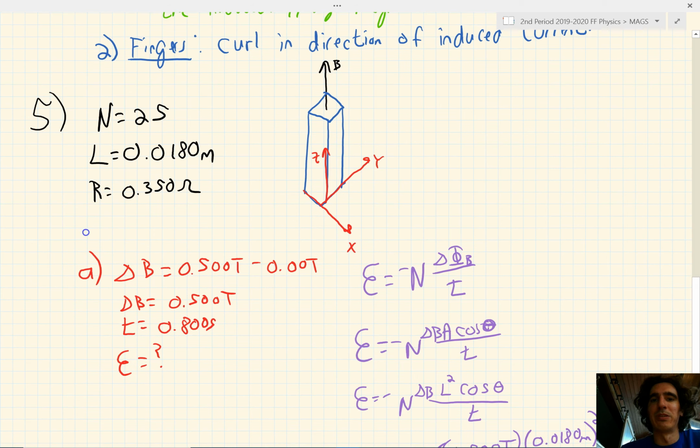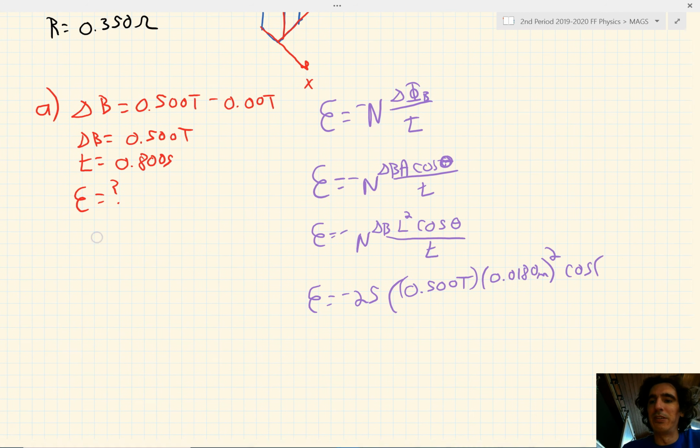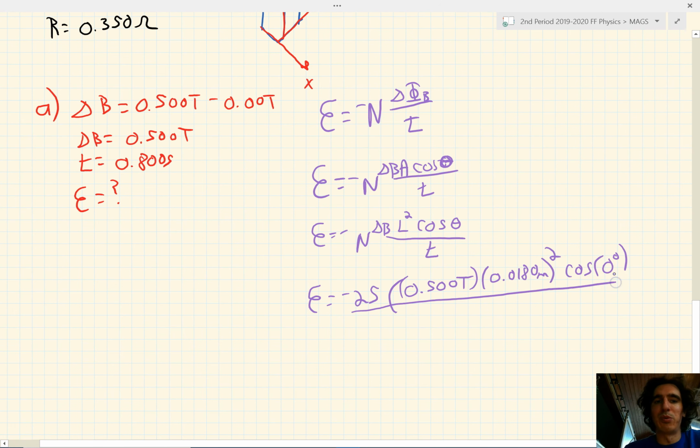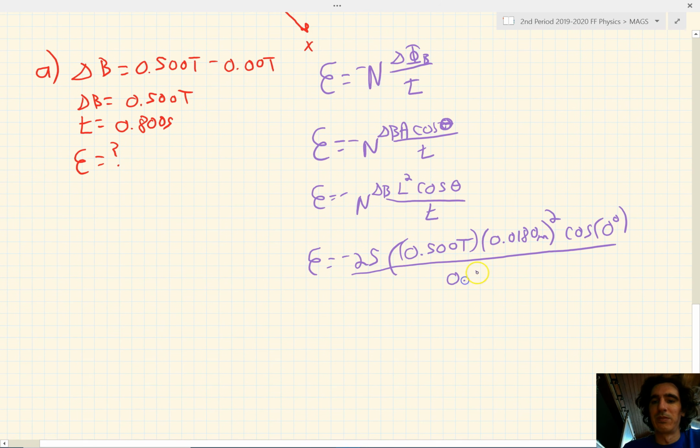If we look at our picture, the magnetic field and the normal to the coil are pointing in the same direction. So theta is 0 degrees, all over the time of 0.8 seconds. We plug that in our calculators and we get the induced EMF to be negative 5.06 times 10 to the negative 3 volts.